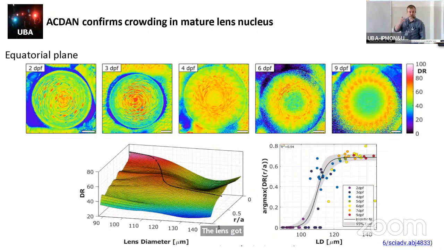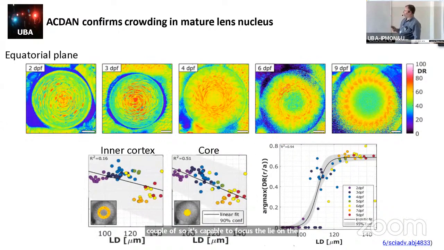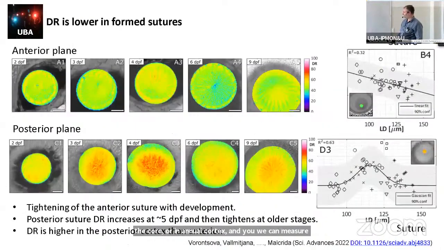So it's capable of focusing the light on the retina in the proper condition. And these are the correlation measurements of how the interior dipolar relaxation changed in the core or in the inner cortex. And we can measure this and do some statistical analysis without any problem.